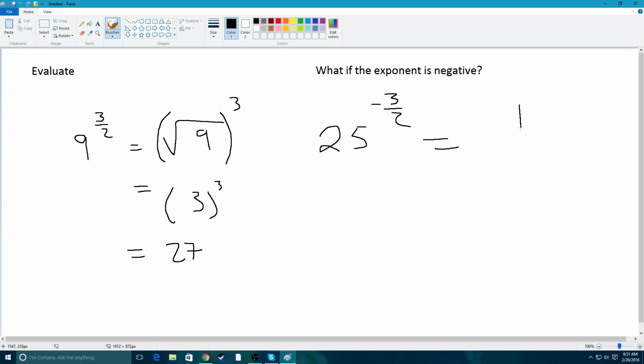So this becomes 1 over 25 to the 3/2 power. Okay. 25 to the 3/2 power, that's equal to 1 over the square root of 25 cubed.